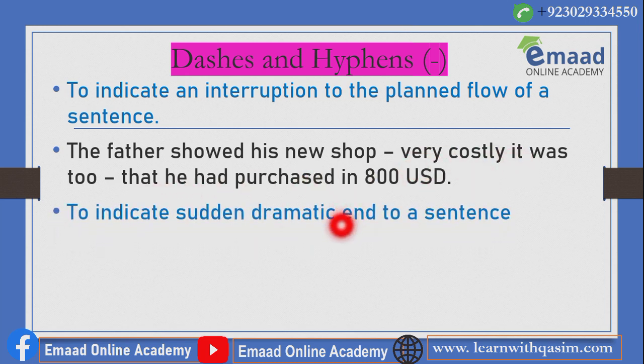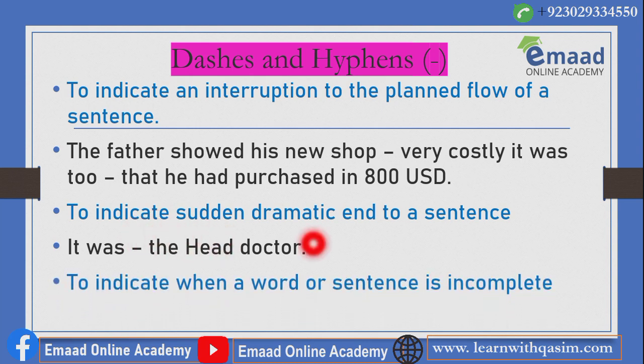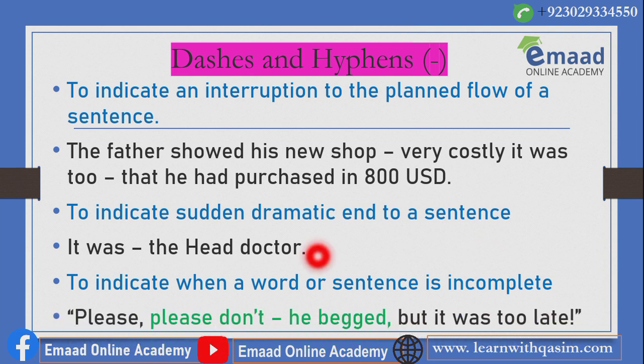To indicate a sudden dramatic end to a sentence: it was the head doctor. Now this type of sudden dramatic end is used when a word or sentence is incomplete. Please, please, don't, don't, he begged, but it was too late. Now, the writer has omitted the details.